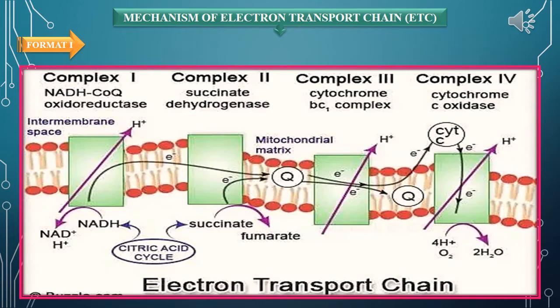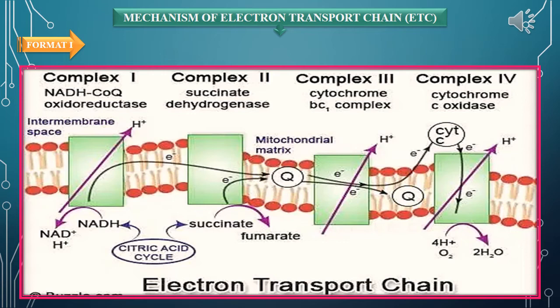Where is this electron transport chain located? In mitochondria. Which part of mitochondria? The inner membrane of mitochondria. So mitochondria has an outer and inner membrane, and this electron transport chain is located in the inner membrane.